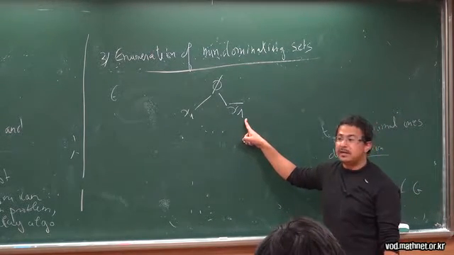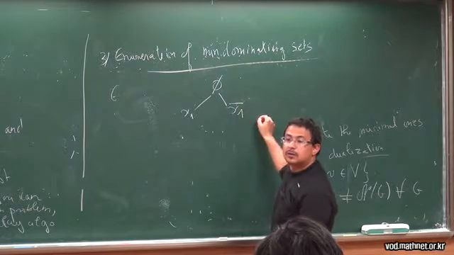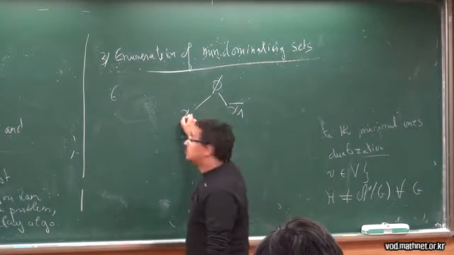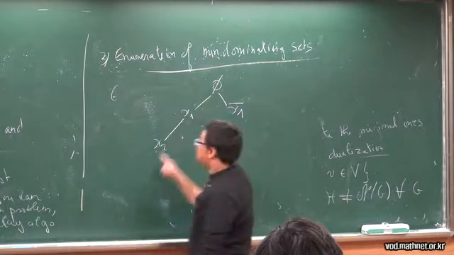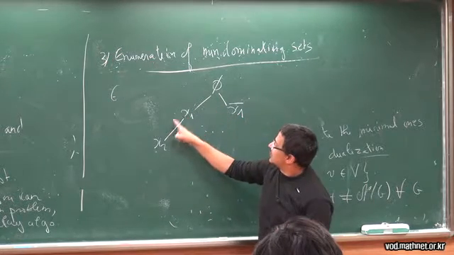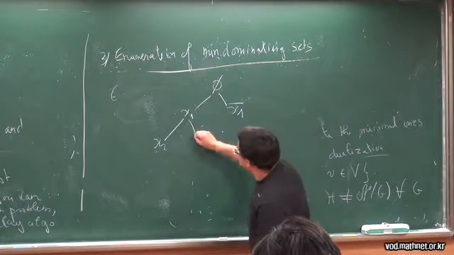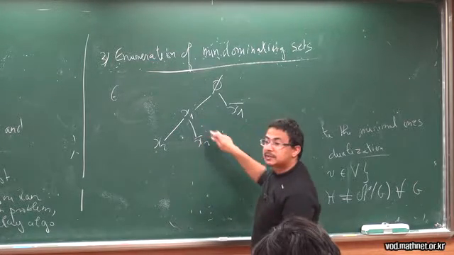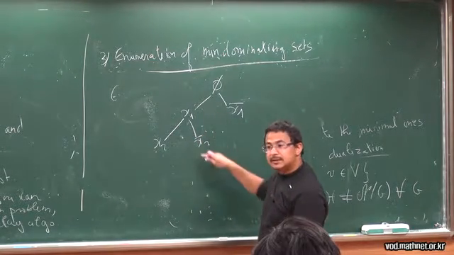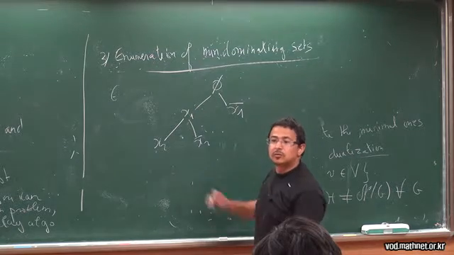If yes, you continue. If not, you cut. So assume it says yes. Now you look at x2. Is there a minimal dominating set containing x1 and x2? Then you continue. Is there a minimal dominating set containing x1 and not containing x2? And so on.